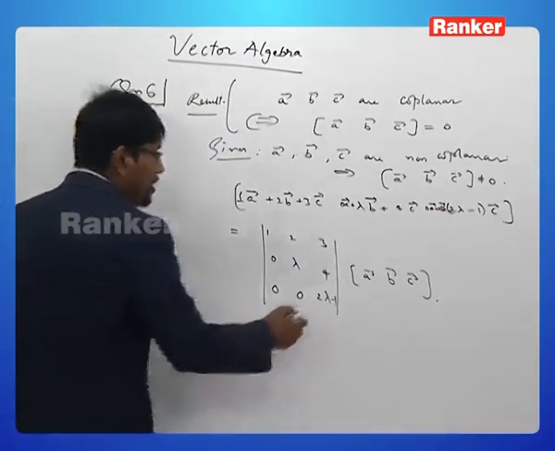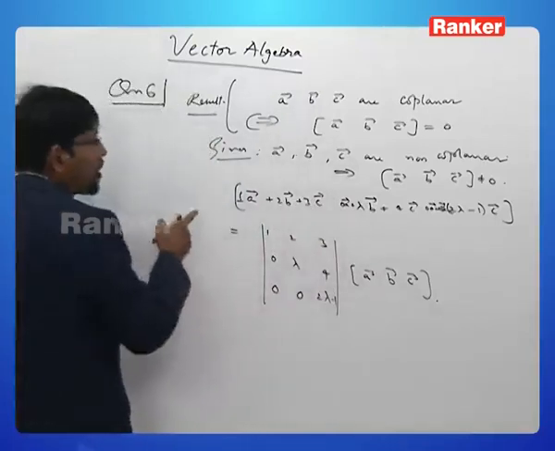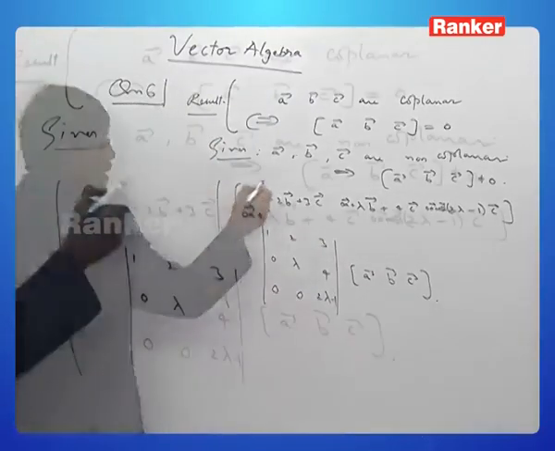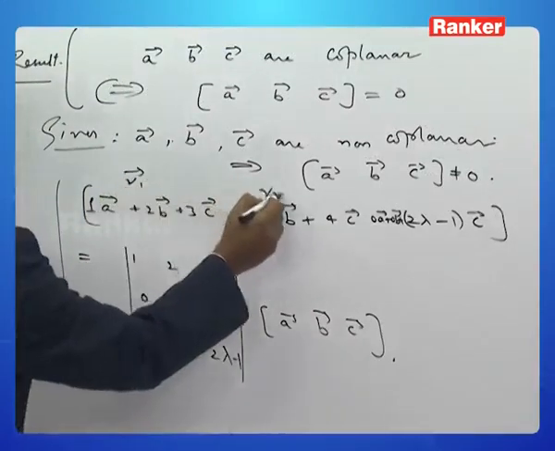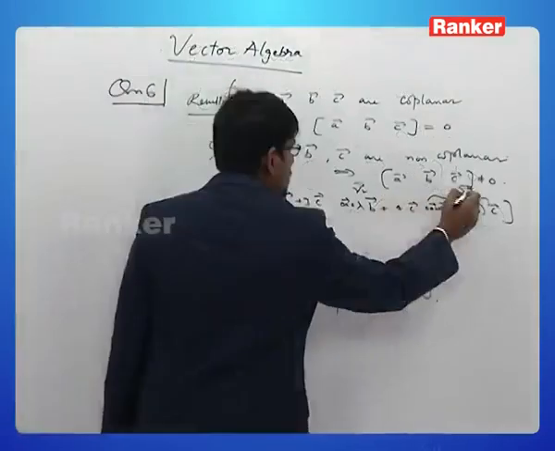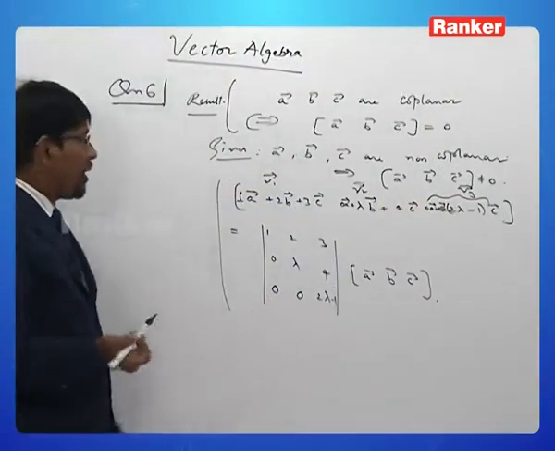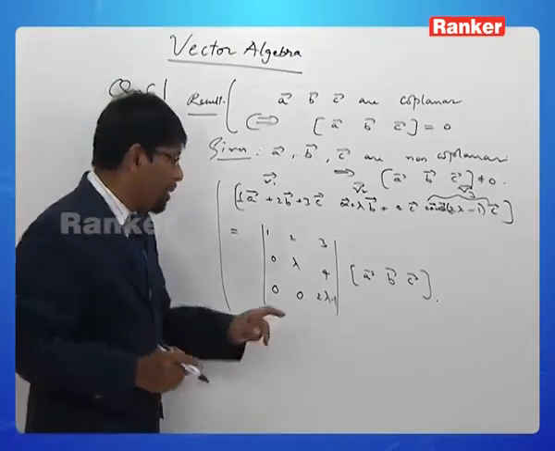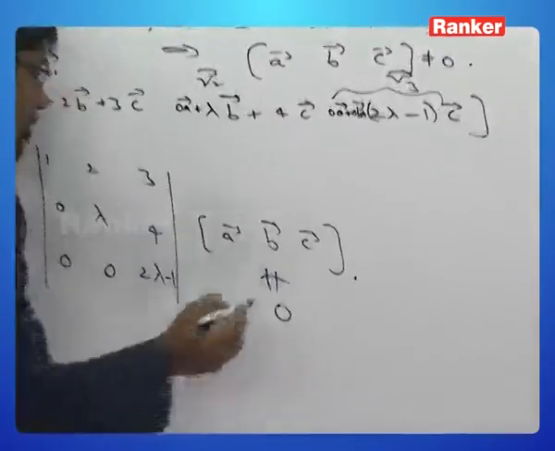Now let's look at the box product. When is this box product of these three vectors, let's call them v1, v2, v3, zero? The box product of v1, v2, v3 is 0 if and only if the vectors are coplanar. But this is known to be non-zero.